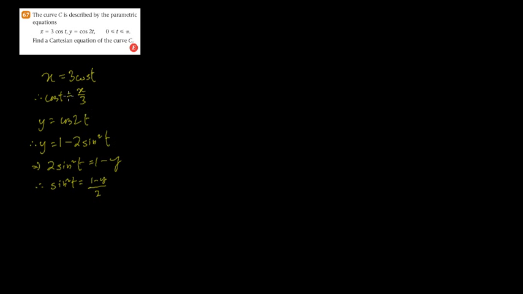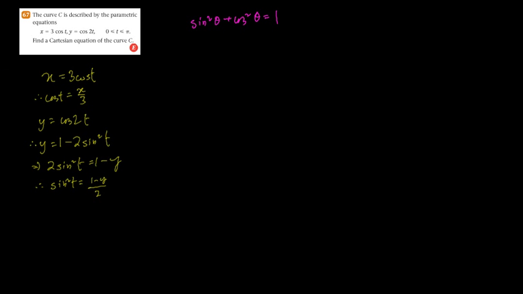We have found two values. One is cos t is x by 3, the other one is sine squared t is (1 minus y) by 2. The identity that can be used is this one: sine squared theta plus cos squared theta is identical to 1. This is an identity that first comes in C2.